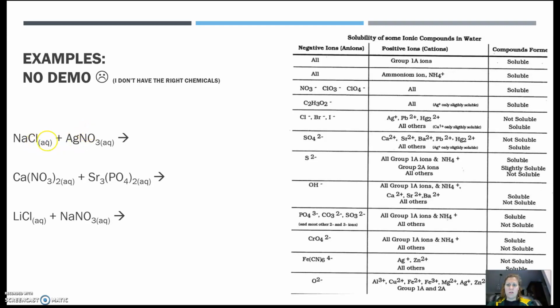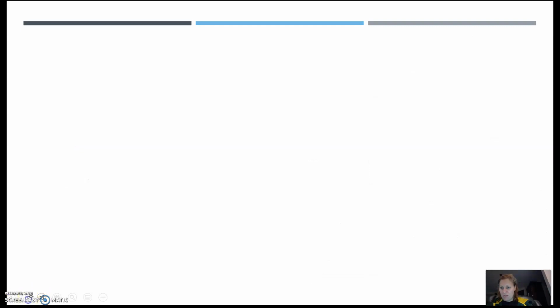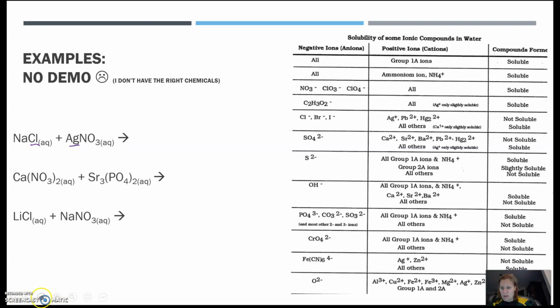The negative things switch. So that means like chlorine. Honestly, you read this chart by the negative ions. The negative things switch, but what's happening is the Cl is going to combine with the Ag, and the Na is going to combine with the NO3.